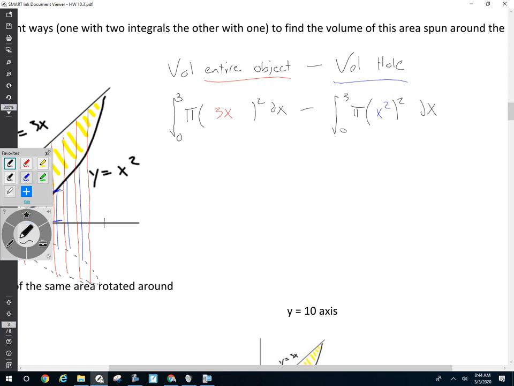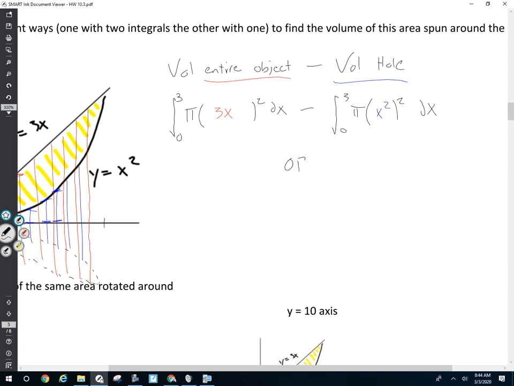Now, this is how we come up with the formula for the volume using a washer: if you factor out the pi and the dx, you will have just one integral where you have the outside radius squared minus the inside radius squared. So 3x and then x squared.